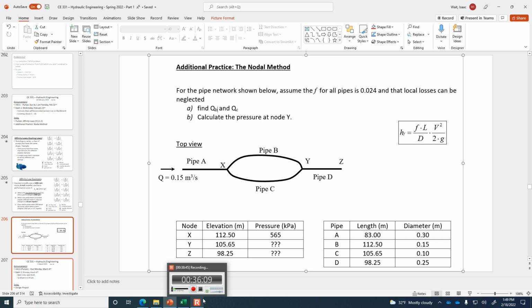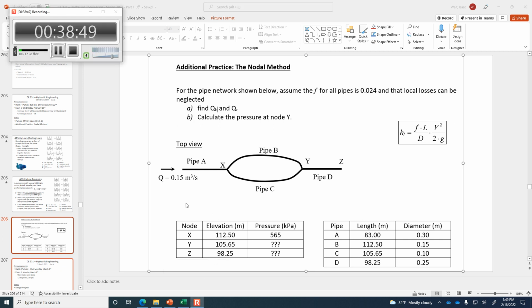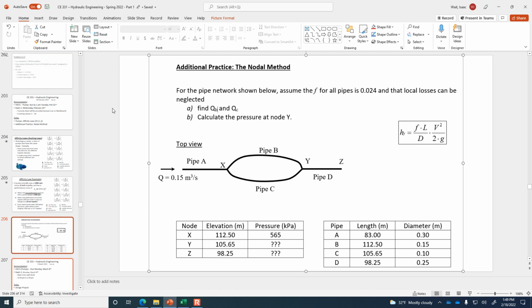Yeah. All right. So we can just use the hydrostatic equation to find the pressure change due to the elevation difference. And so the pressure at Y, because it's downhill, would increase by 67,000 pascals.